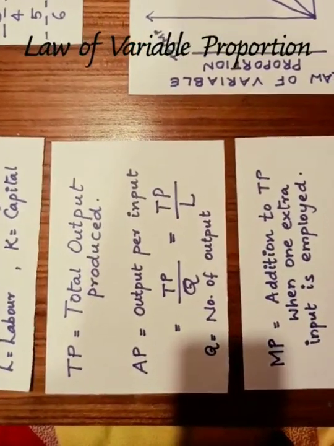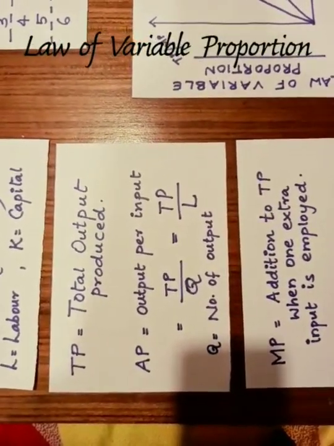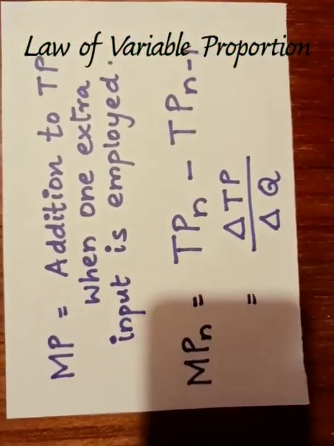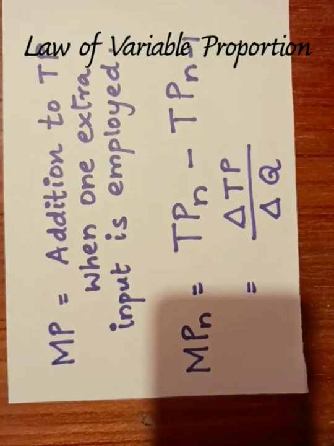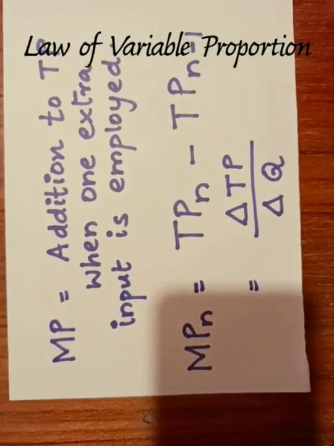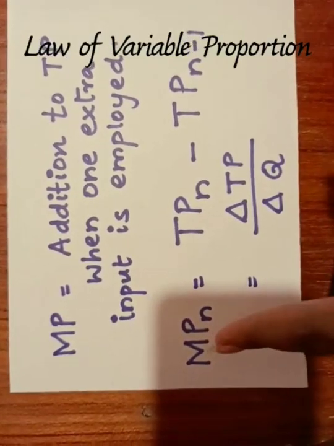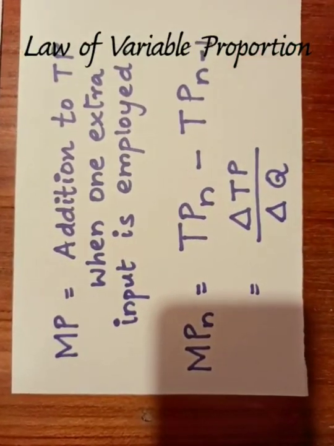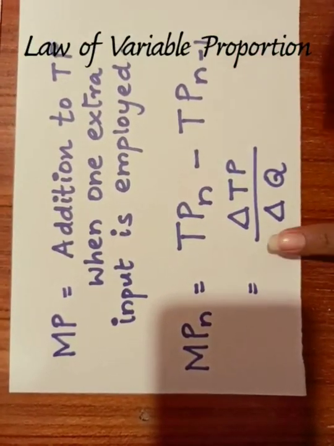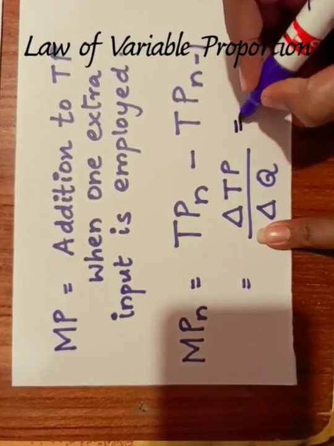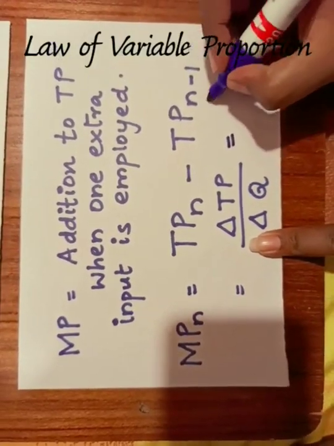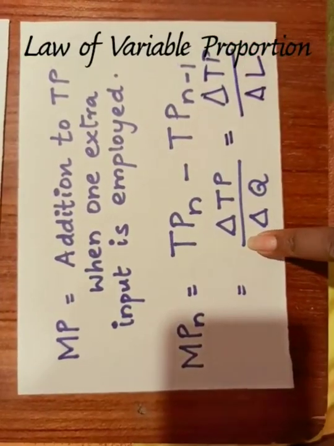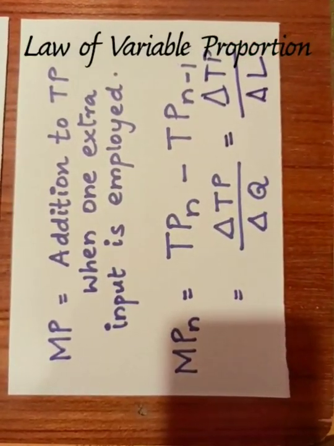Then you have MP. MP is the addition to total product when one more extra unit of input is employed. That is MPn is equal to TPn minus TPn minus 1. Or again you can rewrite it as delta TP divided by delta Q or delta TP divided by delta L. Why are we taking L here?